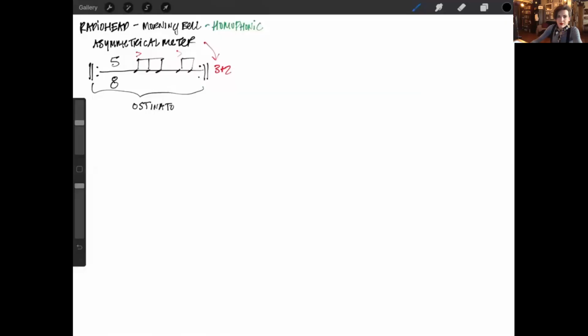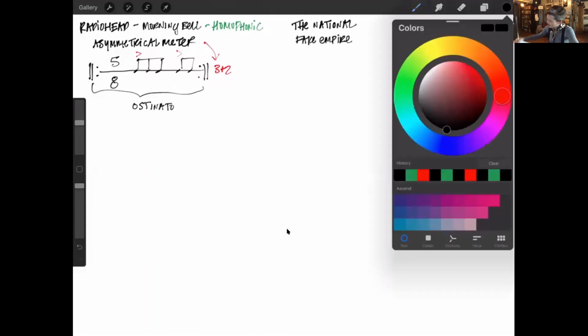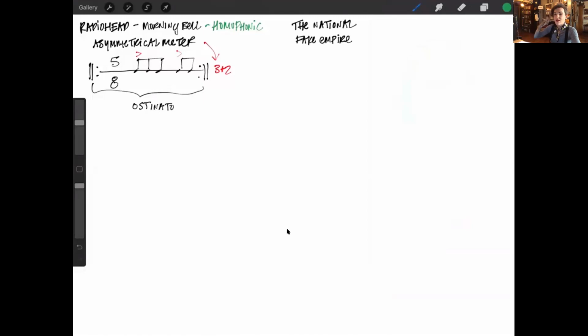Here we go. Okay, so this is again The National, Fake Empire, where we're dealing with honestly a melody and everyone being the accompaniment, there's otherwise so much other difficulty to listen to rhythmically.